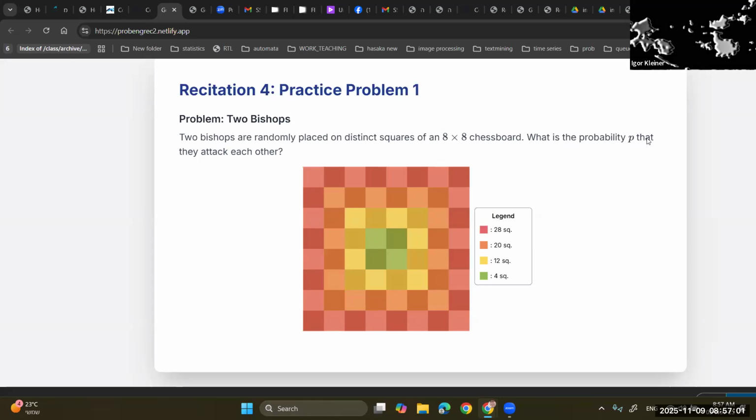So for every point on this square, the first bishop will attack 11. And for the last group, you can guess how many squares it will attack. So, 7, 9, 11, and so on.